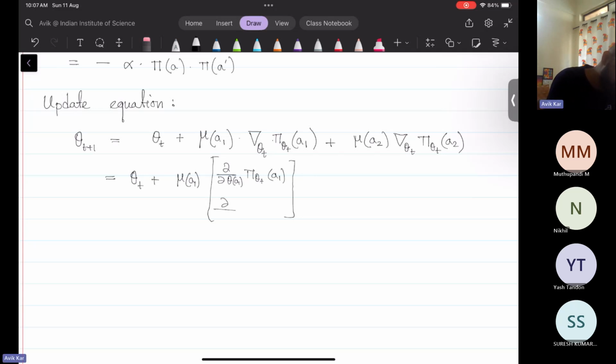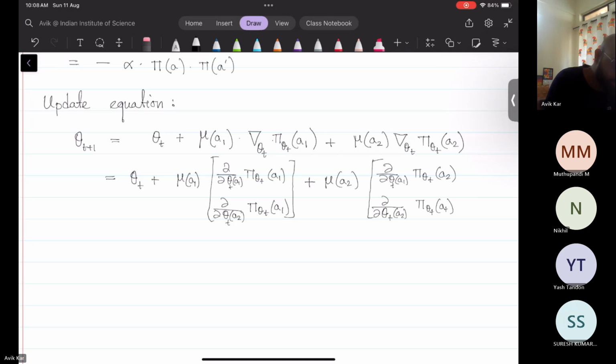And here it is the derivative with respect to theta a2, and similarly for a2, the derivative with respect to theta a1 of pi theta t a2.